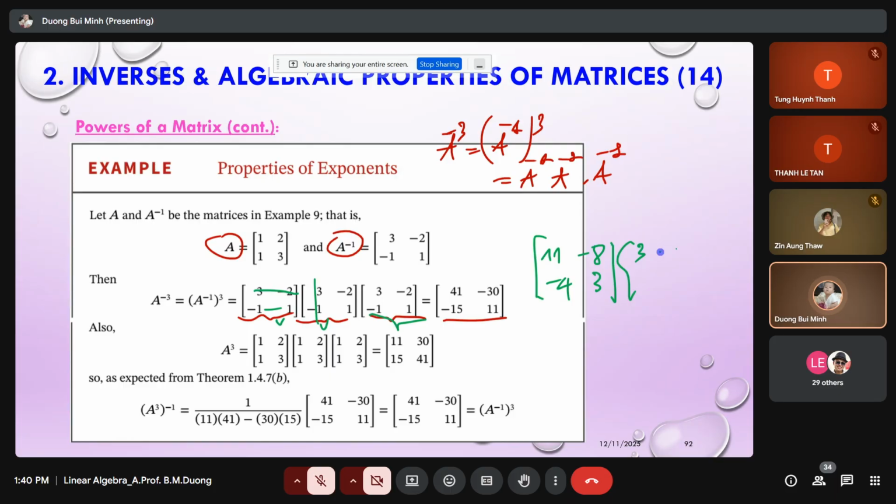Then you get the entries, and we can get the result here.